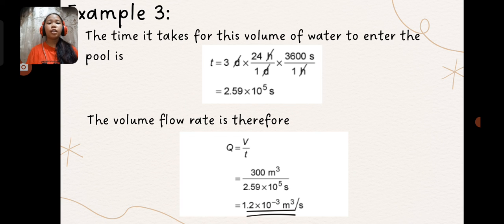Our volume is 300 cubic meters divided by 2.59 times 10 raised to the power of 5 seconds. That would equal 1.2 times 10 raised to the power of negative 3 cubic meter per second. So I hope you do understand this lesson.